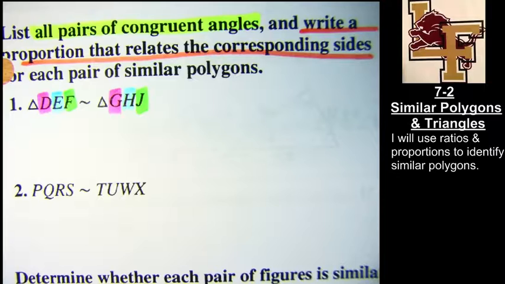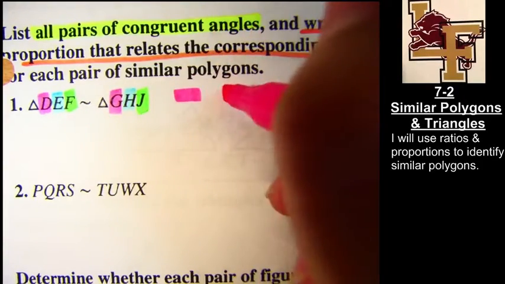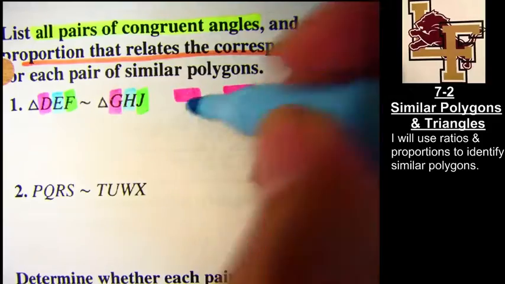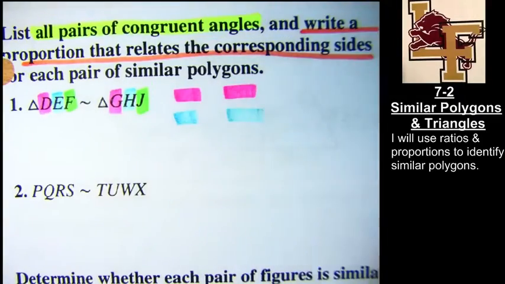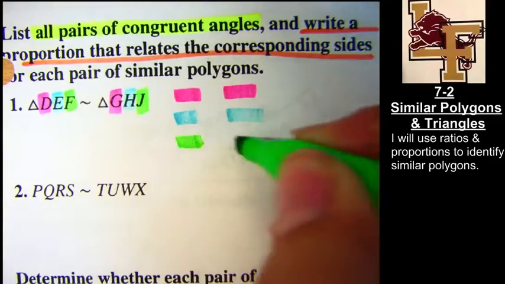The corners are all angles, and the corresponding angles are congruent. That means the pink angles are congruent, the blue angles are congruent, and the green ones are congruent.